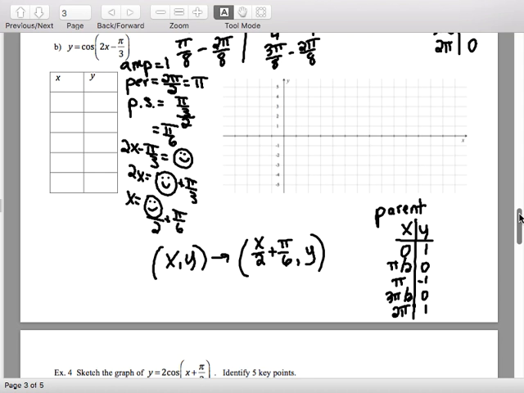The y values are the same, so I don't need to worry about those. But let me pause and let you plug each parent value for x into the mapping. Again, it's unfortunate we have some fraction work to deal with. But if you can catch the pattern, I usually do at least the first 3 points, and if I notice the pattern, then I can go. So that might help a little.